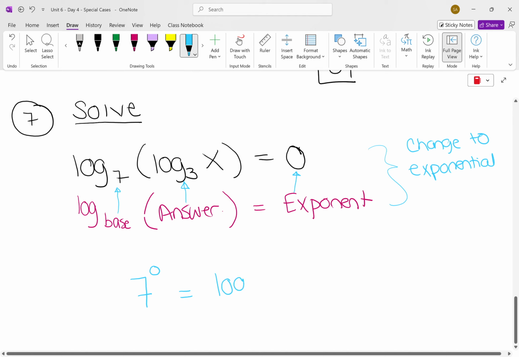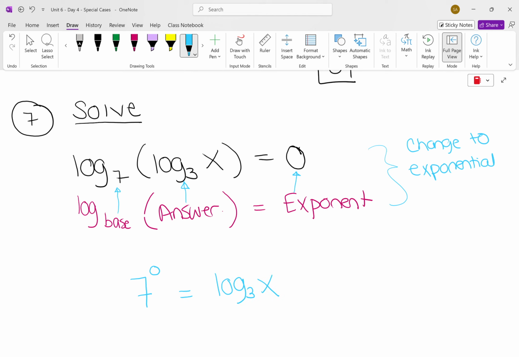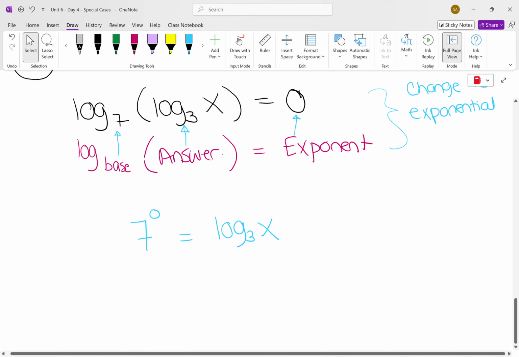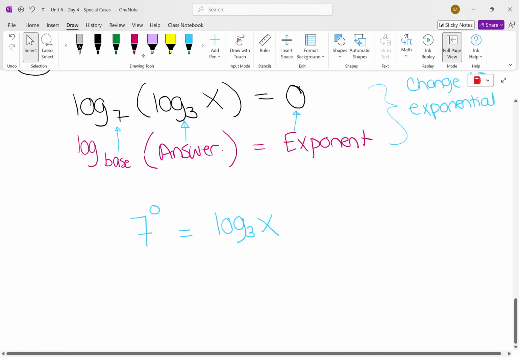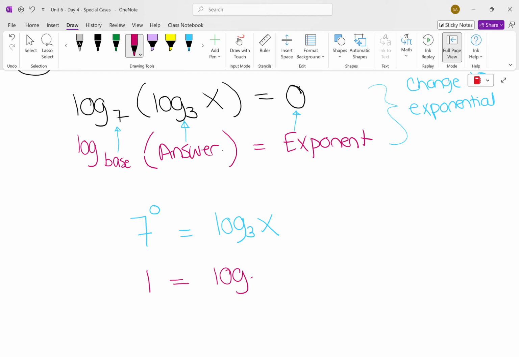I'm going to raise it to the exponent, and that's going to equal the answer. What's the answer? Log base 3 of x. What's anything to the 0 power? 1. So now I have 1 equals log base 3 of x.